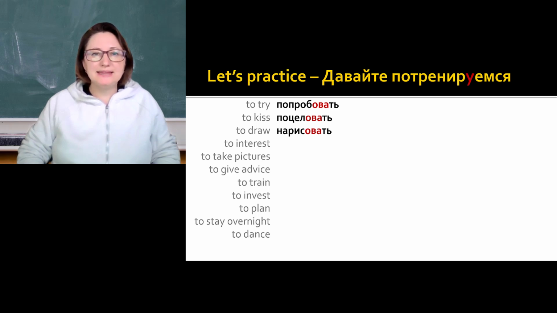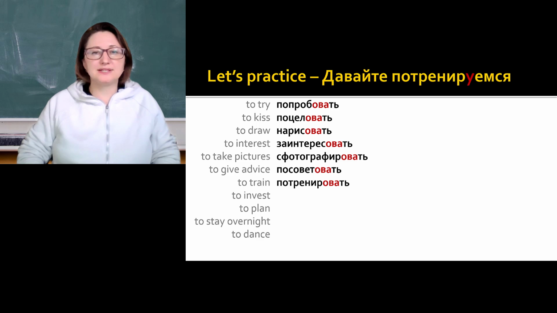To interest, заинтересовать. To take pictures, сфотографировать. To give advice, посоветовать. To train, потренировать. To invest, инвестировать.